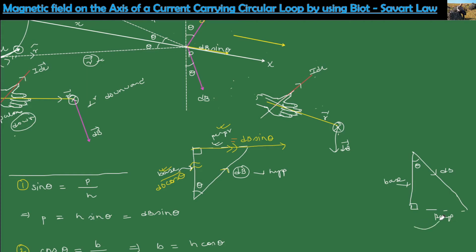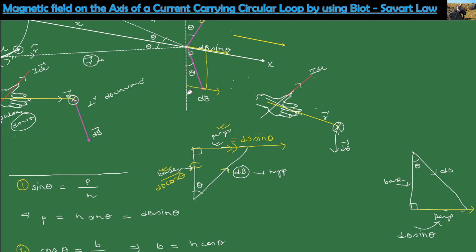Similarly, for finding the perpendicular, this perpendicular will take the value of 1. If we solve, we'll get dB sine of theta, and this dB sine of theta will act on this direction. If I try to complete this figure from the lower part, I'll get a rectangle.